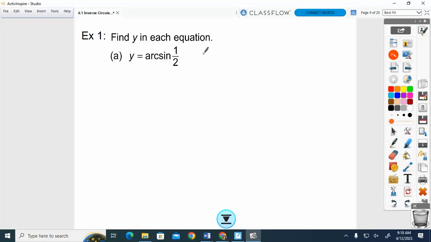If you don't like it written this way, the only way to move this arc sine to the other side is to make it regular sine. It's like saying sine of y equals 1/2. You have to tell me what y is.